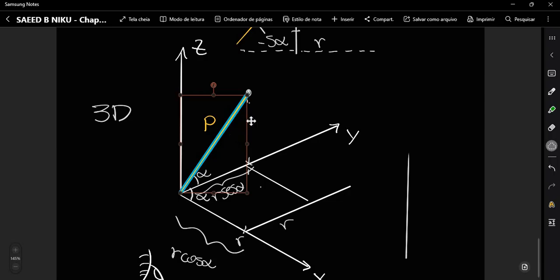That means the end of the vector P can be either on the maximum value that the R value is, or something within it.